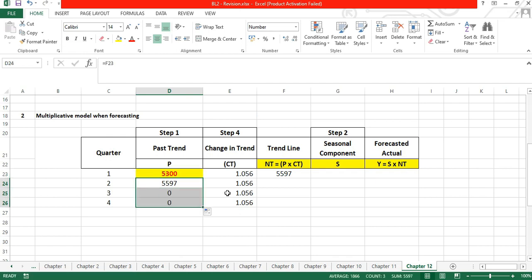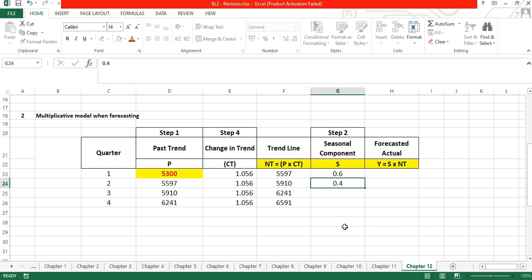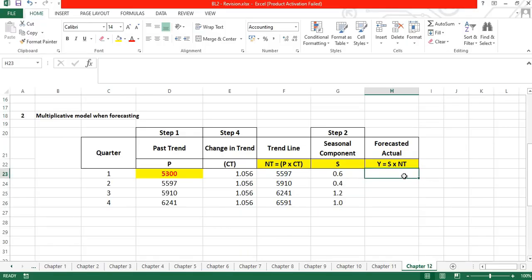With that we can straight away apply the formulas; you all should calculate. Now these are forecasted trends and forecasted new trends. Now add in the seasonal component they have given, which is 0.6, 0.4, 1.2 and 1. Then multiply S with the NT to find the forecasted actual. So you get this.